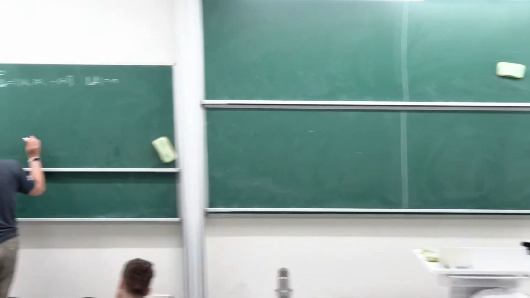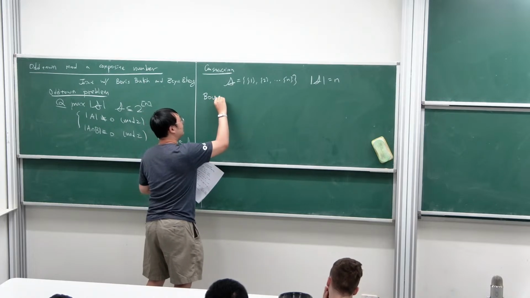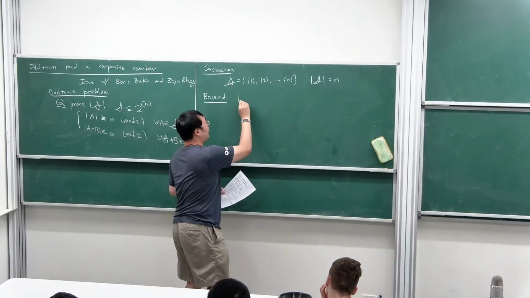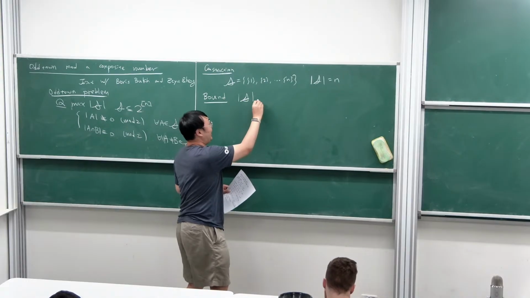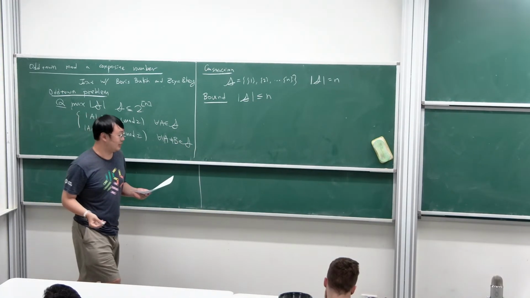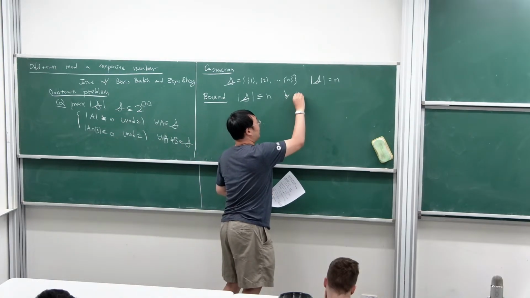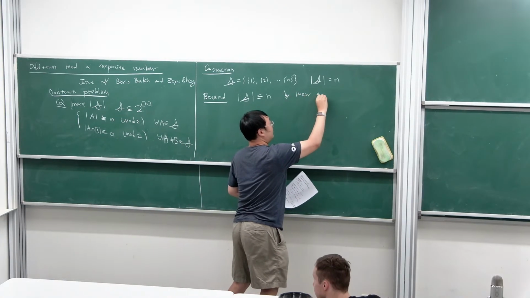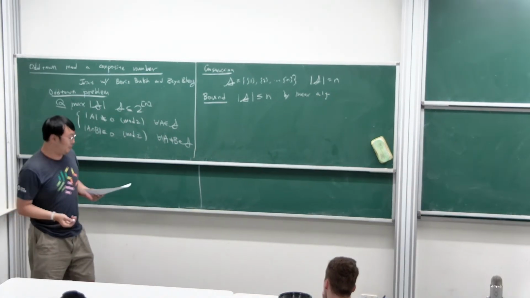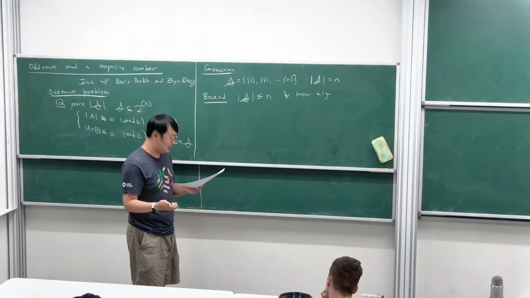Let me briefly remind you how you upper bound this. I claim that for any family A, the best you can do is n. Basically you should just identify each set with its indicator vector.